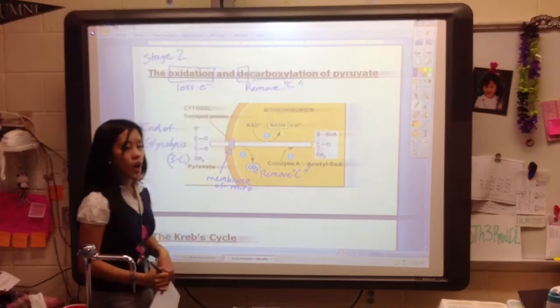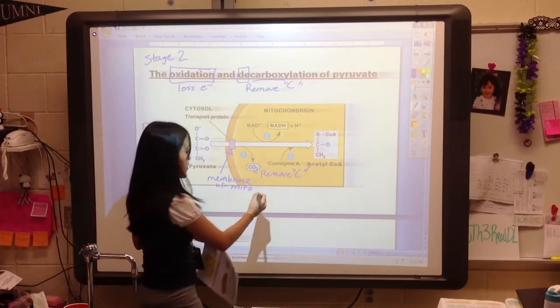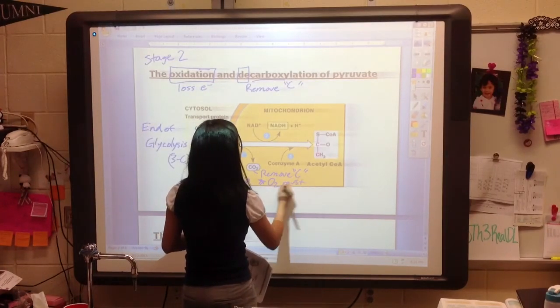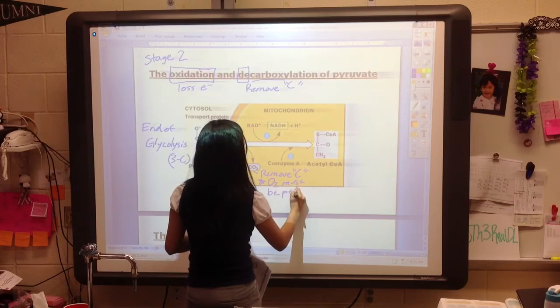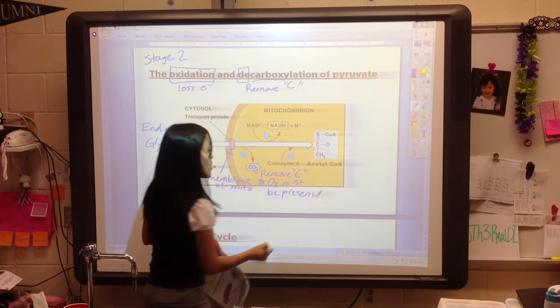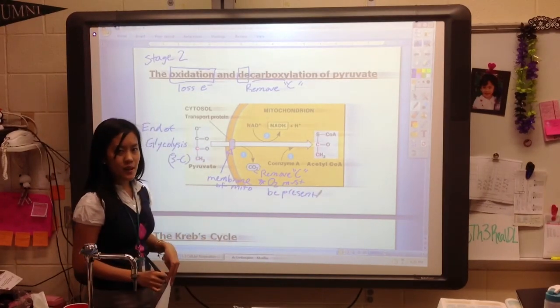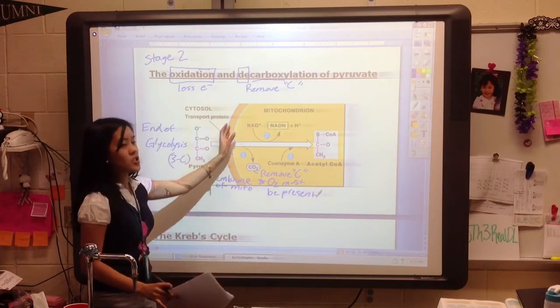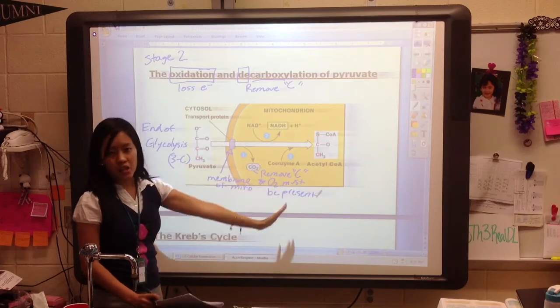And whenever this carbon is removed, we actually have to have oxygen present. So O2 must be present. We don't know why the oxygen has to be present, but it just happens to be that it has to be there. If oxygen is not present, then this reaction will not continue.